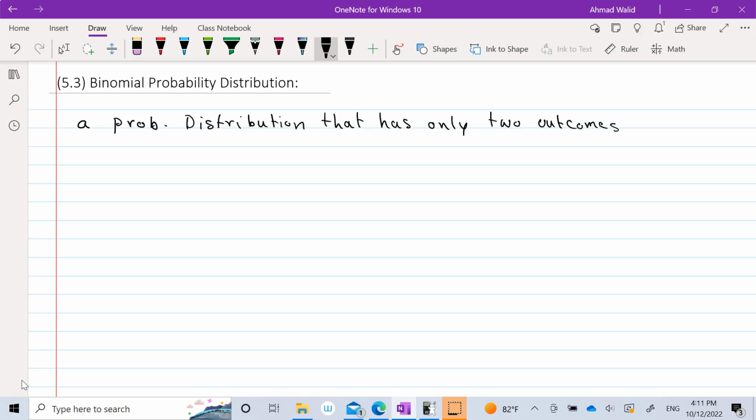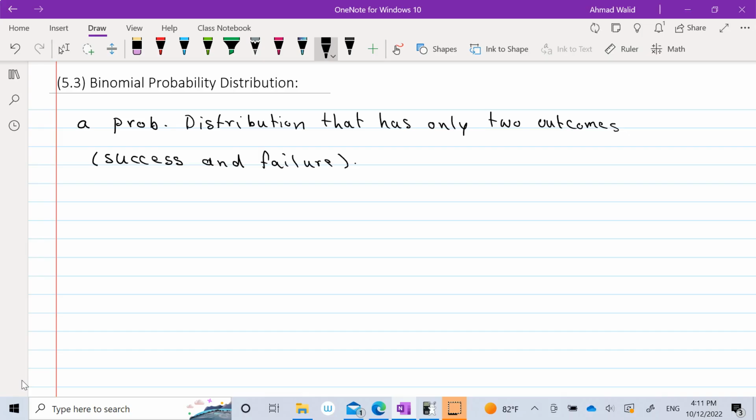What are these outcomes? Success and failure. We call these types of probabilities binomial probability.